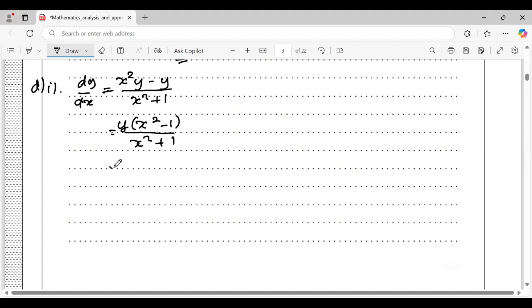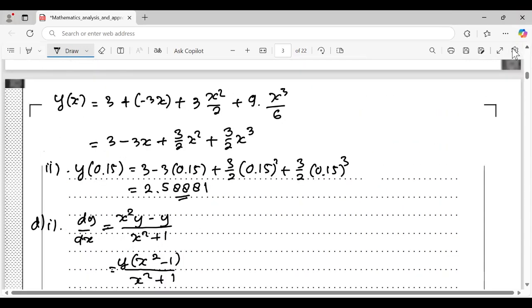And dy/dx is y times (1 minus 2 over x squared plus 1).